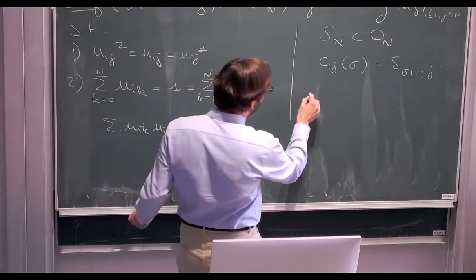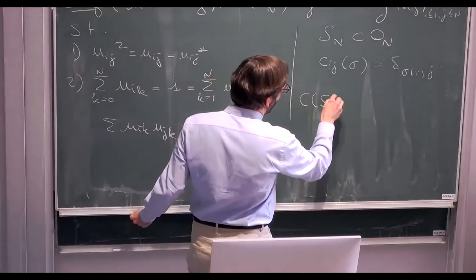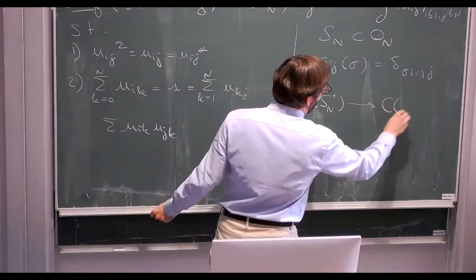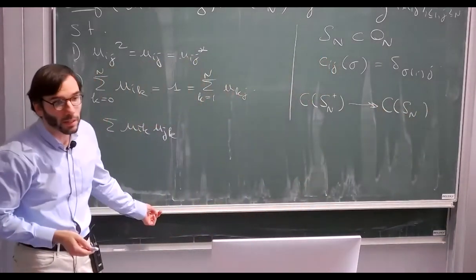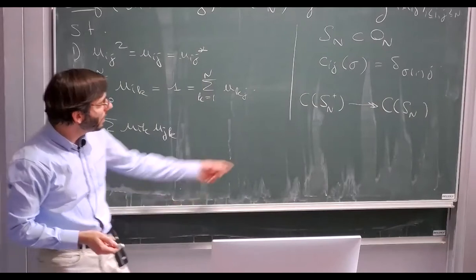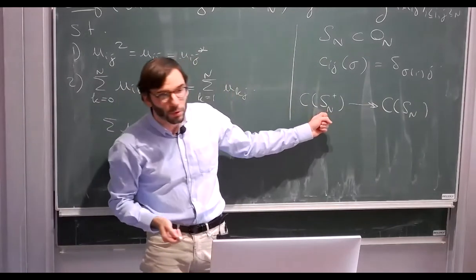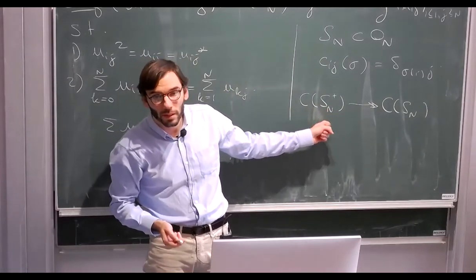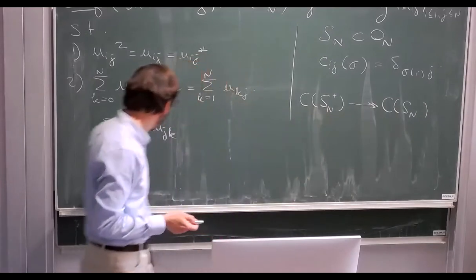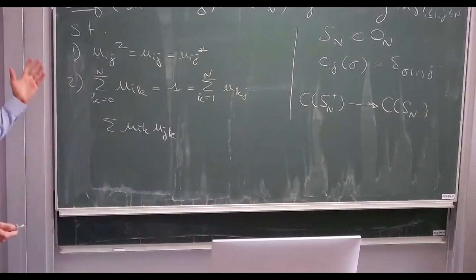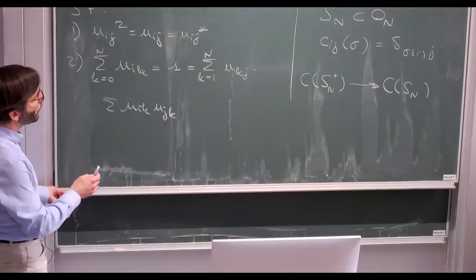So this means that you have a surjective star homomorphism from functions on Sn plus to functions on Sn. But this is bigger because this is non-commutative in general. In fact, this is exactly the abelianization map. This is the maximal abelian quotient of this. And for the delta, you just use the universal property.